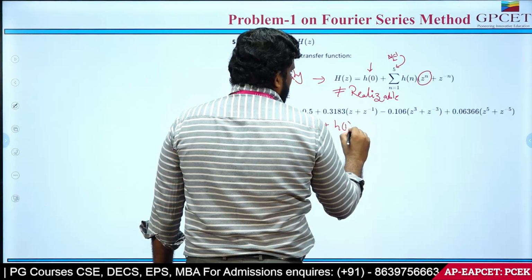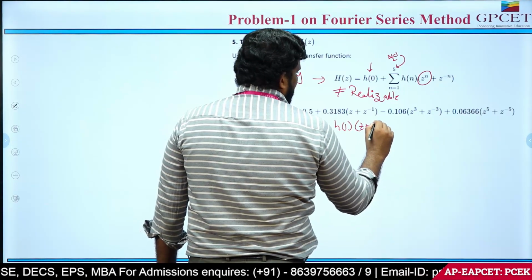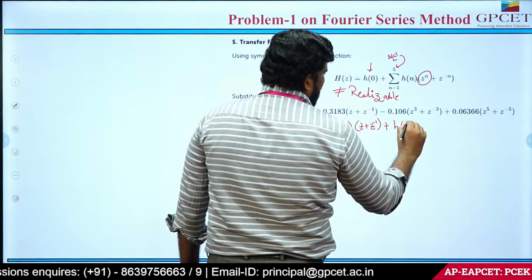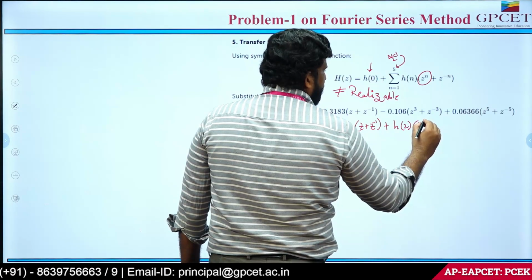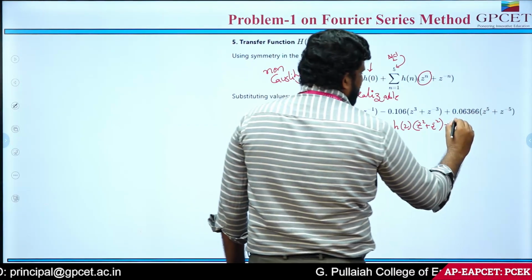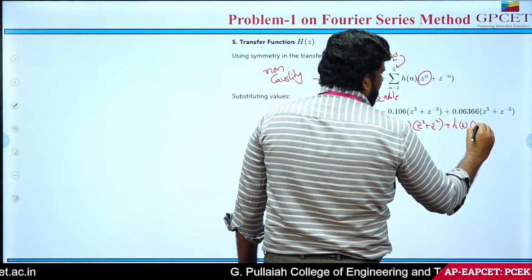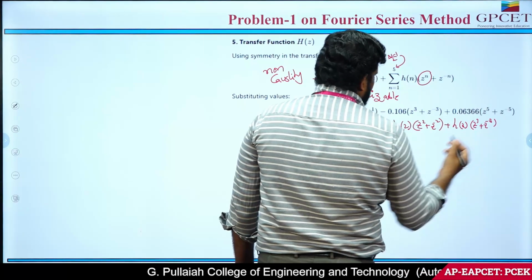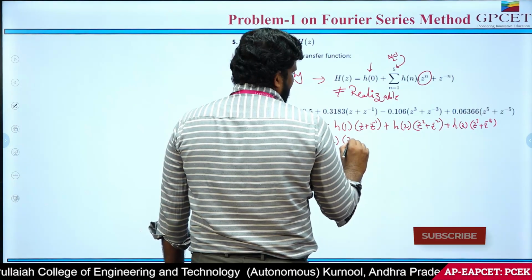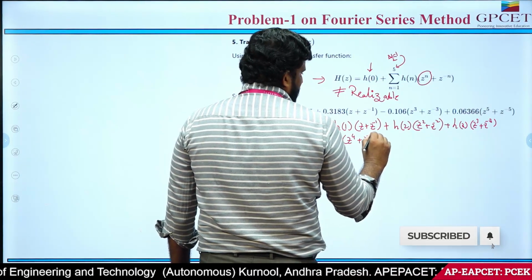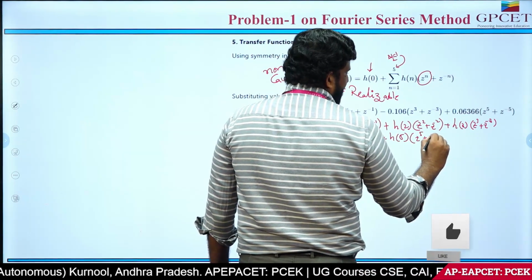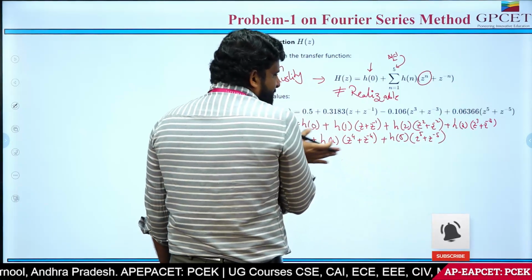Now h(1) into z plus z power minus 1, plus h(2) into z power 2 plus z power minus 2, plus h(3) into z cube plus z power minus 3, and similarly plus h(4) into z power 4 plus z power minus 4, plus h(5) into z power 5 plus z power minus 5. So after expanding the equation, this is the thing we are going to get.